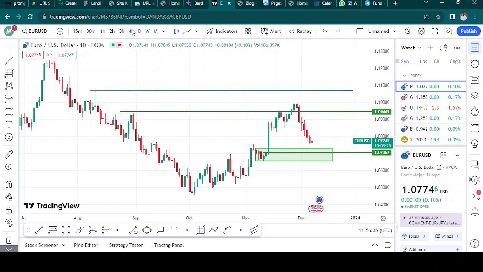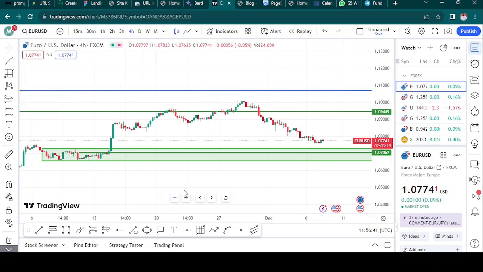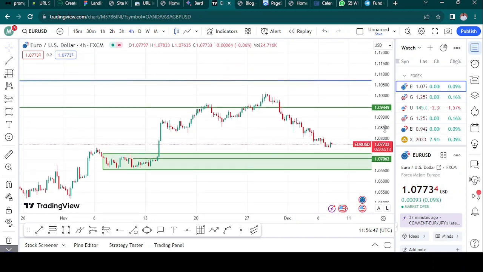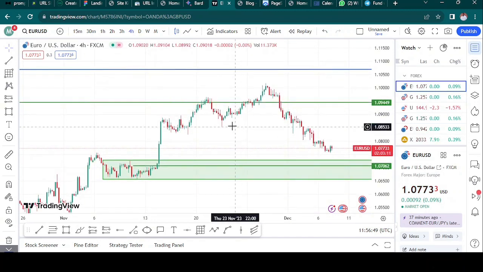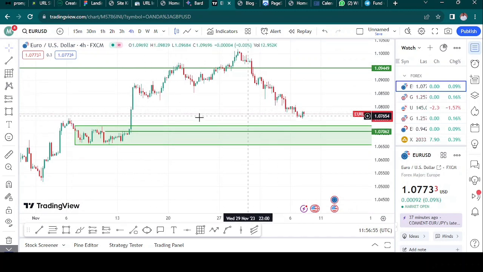So let's go to the 4-hour time frame. That's the next thing to do. So we come to the 4-hour time frame. Now we can see we are trading in a downtrend. Then we can see we have loads of imbalances. We have this imbalance where price has come to fill.